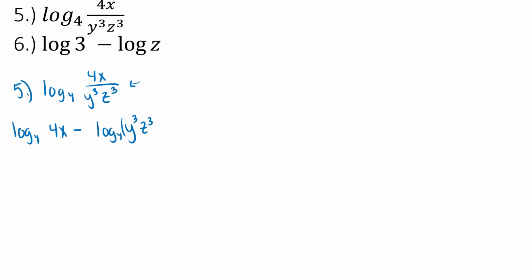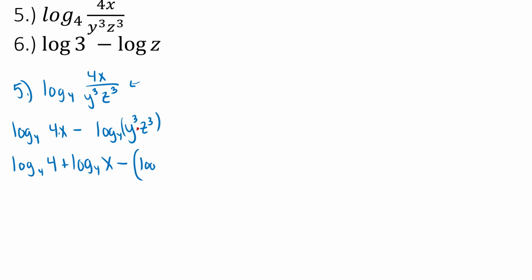Now, what I want you to pay close attention to here is that this log with the y and the z are both being subtracted. It's the whole thing. Now, it's true that I have multiplication here, but that multiplication is following this subtraction that has happened. It's like this whole unit. So when I go to expand this out, I'm going to have log base 4 of 4, and this is multiplication right here, plus log base 4 of x minus, and I'm going to open up parentheses because I want to retain my grouping.